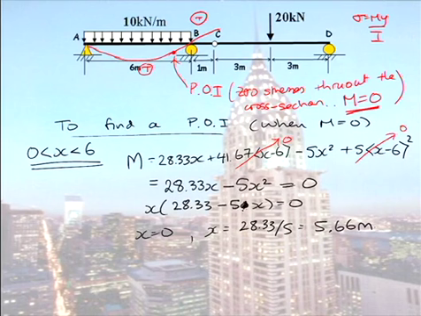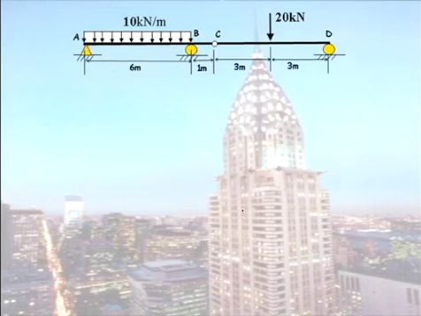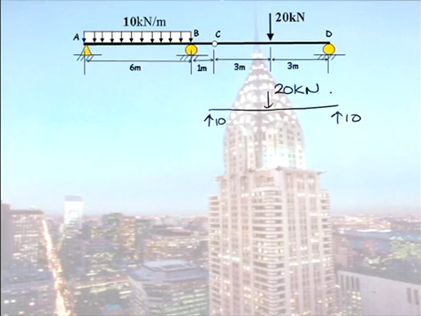So now we're finished with the left-hand side of the system, and now we can tackle the right-hand side of the system. So looking at our right-hand side now, this is an internal pin, but we'll just treat it as a load, 20 kilonewtons. So we're looking now at this system.